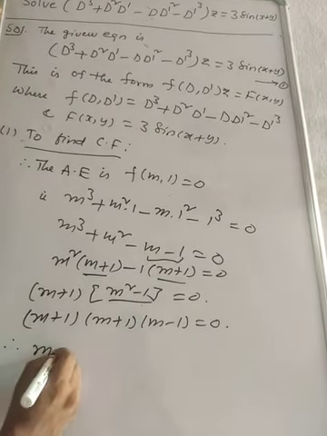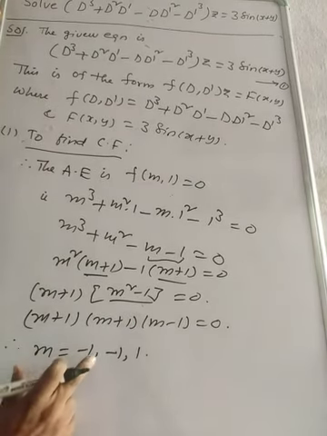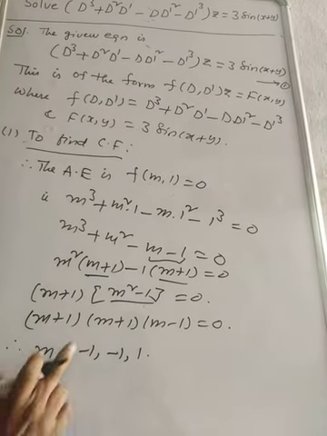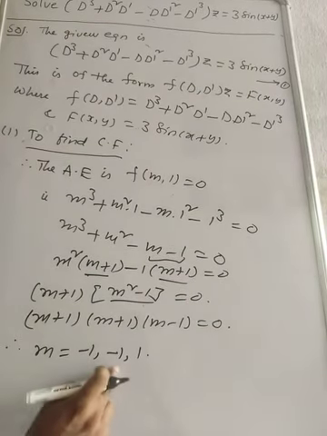Therefore, m = −1, −1, 1. Here observe that the auxiliary equation has three roots. In the three roots, two roots are equal. First write the equal roots.